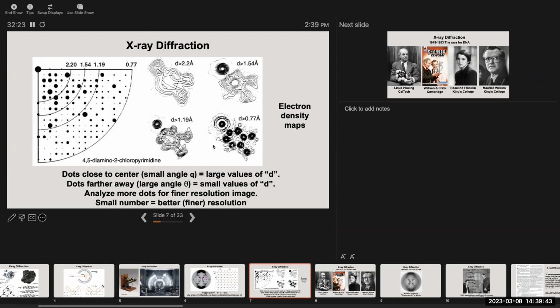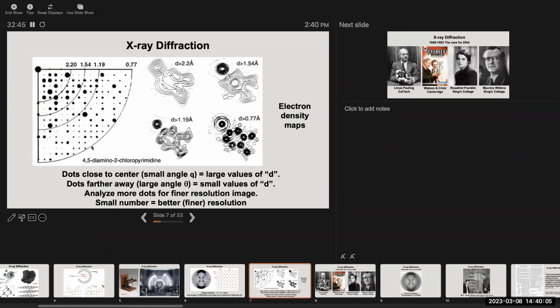That's not an especially complicated molecule, with maybe under 20 atoms, but it will produce a rather complex X-ray diffraction pattern like the one you see over here on the left, with lots of dots.